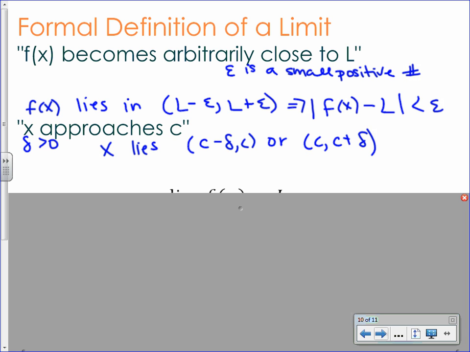In other words, this. So basically what's happening is we're zooming in into this really itty bitty area. And this is what it looks like mathematically.